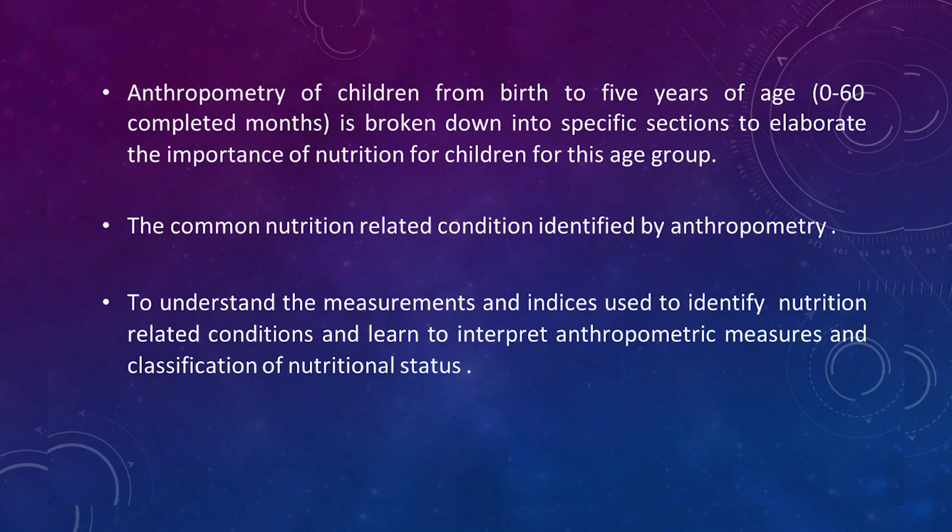Anthropometry of children from birth to 5 years of age, that is 0 to 60 completed months, is broken down into specific sections to elaborate the importance of nutrition for children of this age group.